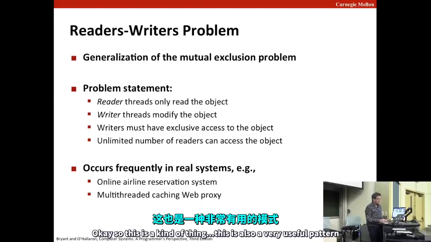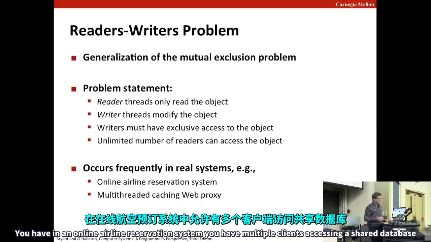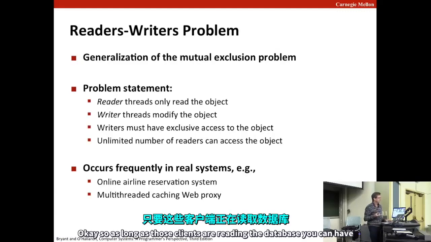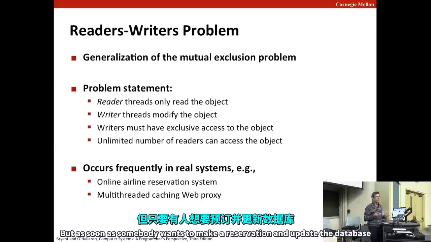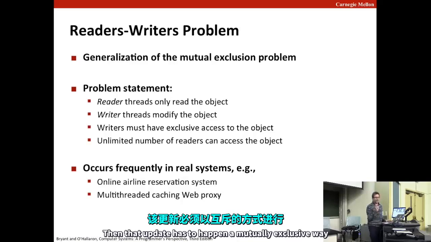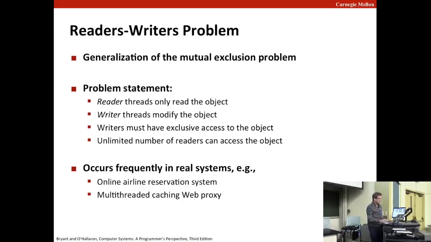So this is also a very useful pattern. In an online airline reservation system, you have multiple clients accessing a shared database. As long as those clients are reading the database, they can all be reading at the same time, but as soon as somebody wants to make a reservation and update the database, then that update has to happen in a mutually exclusive way.